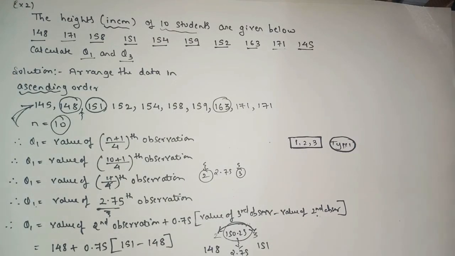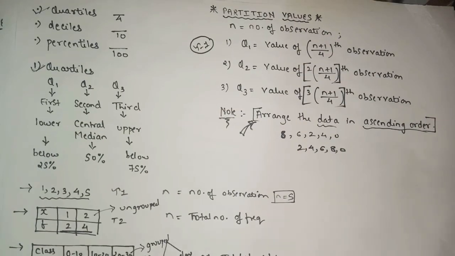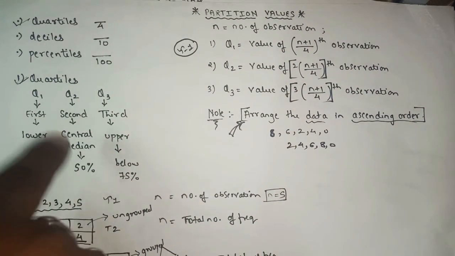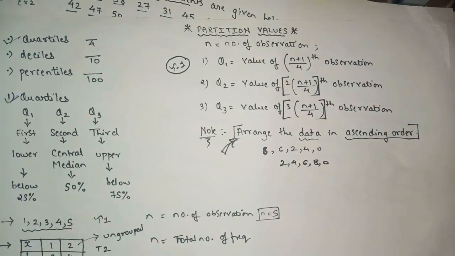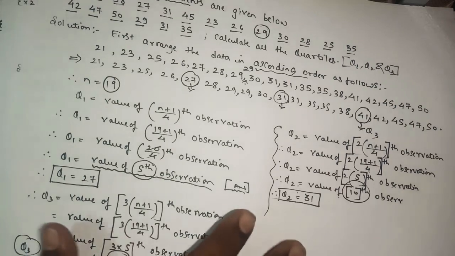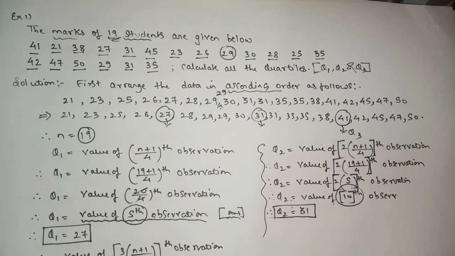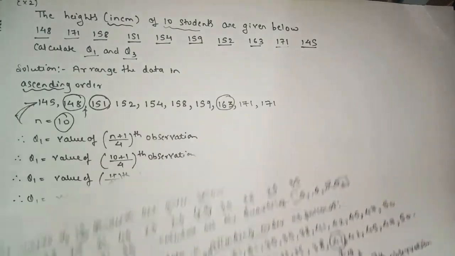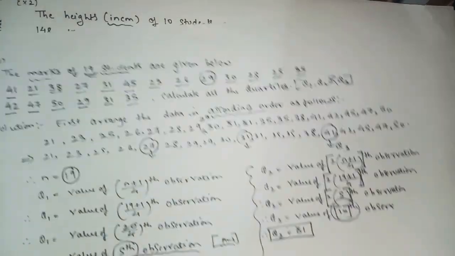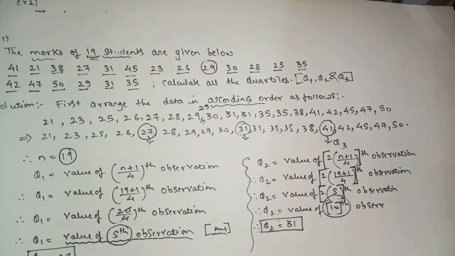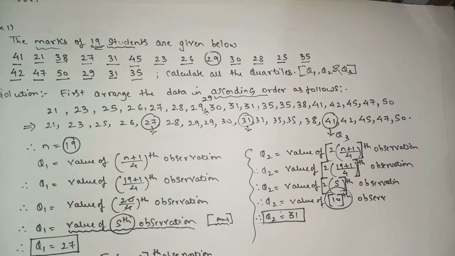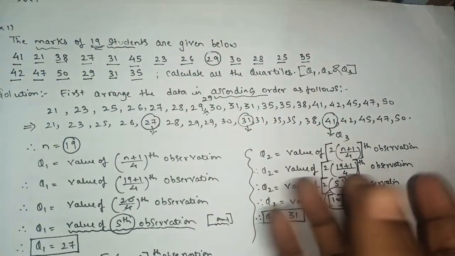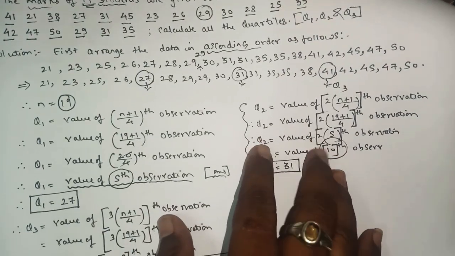Okay, I hope you all understood the concept, the meaning of this word, the formula, and both the examples which I took in the lecture. And don't make mistakes while writing the numbers. If you make a mistake, of course you will end up with a wrong answer.